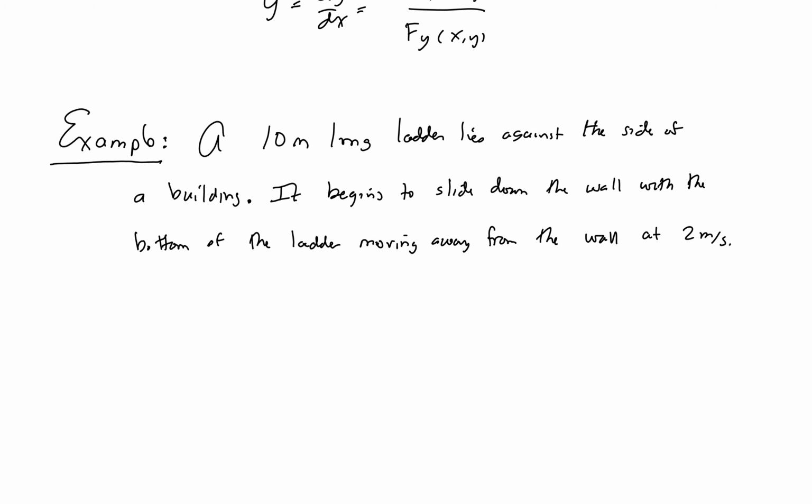Okay, so we have a ladder leaning against the side of a building. The ladder begins to slide down the wall, with the bottom of the ladder moving away from the wall at 2 meters per second.